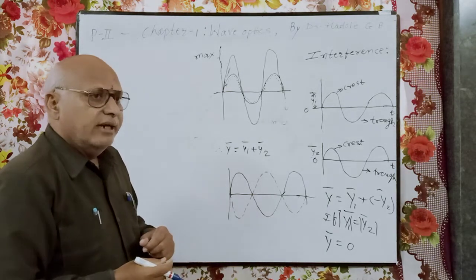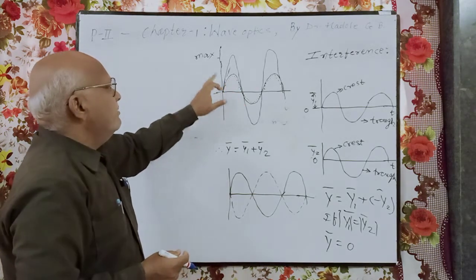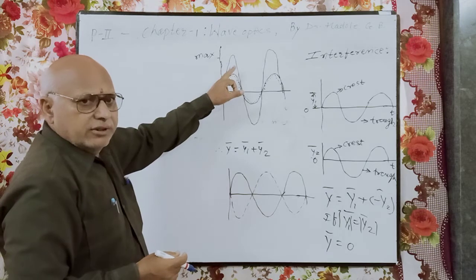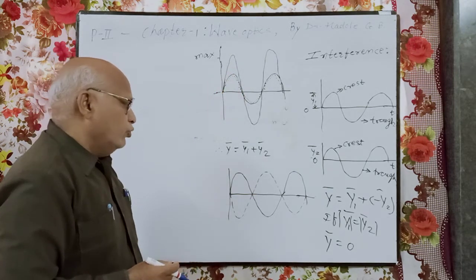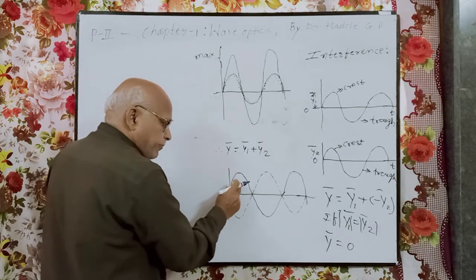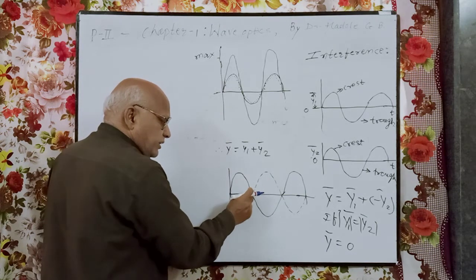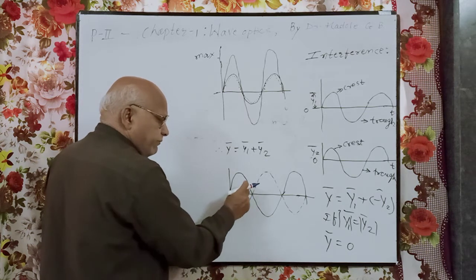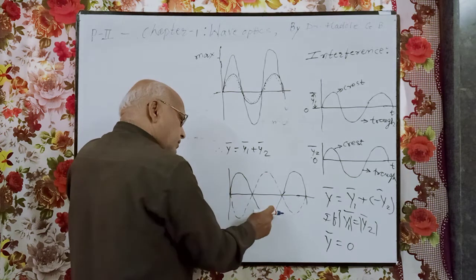It means that here, due to the superposition, the maximum of the two waves is going to form. Here, this is crest and this is trough. They are going to coincide. This is crest, this is trough.